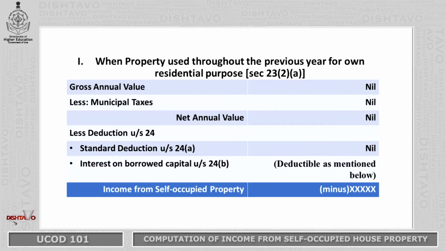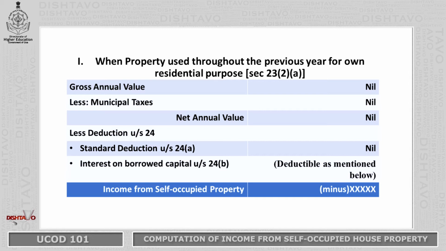When the property is used throughout the previous year for own residential purpose, this is covered under section 23 subsection 2a. Now, if you see here, gross annual value is nil, the municipal taxes are also nil, and the net annual value is also nil. This is the most important point. When you occupy your own house for self-occupation, we take the net annual value as nil.